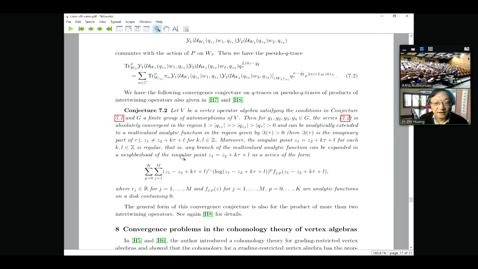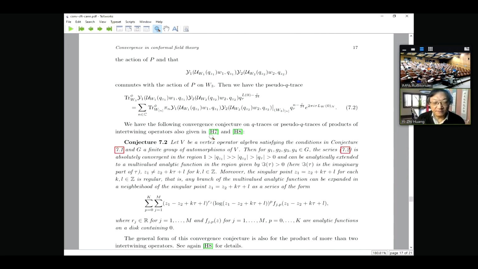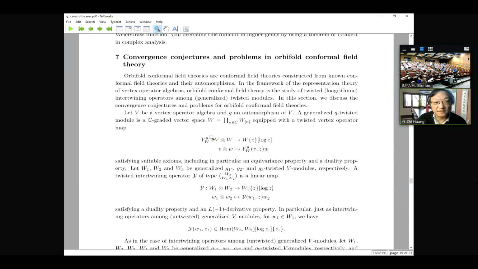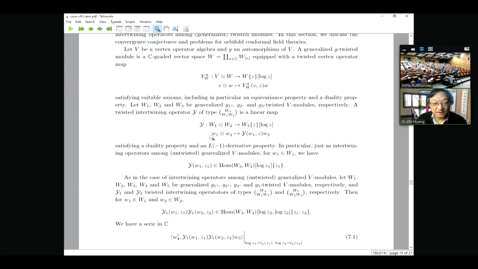Then Conjecture 7.2 is specifically for modular invariance. Before I go on to the next point, I do want to discuss... I think it's very nice that I can actually write here.